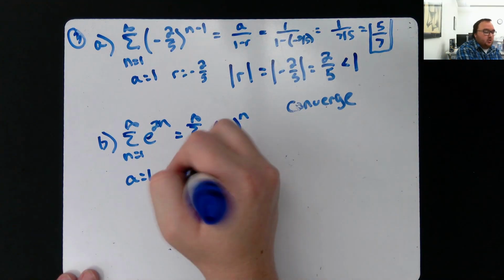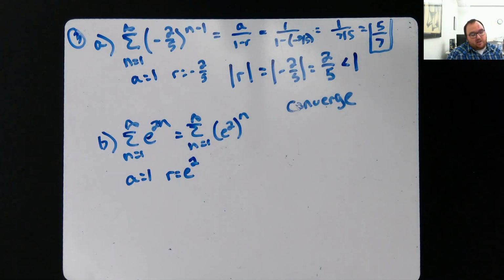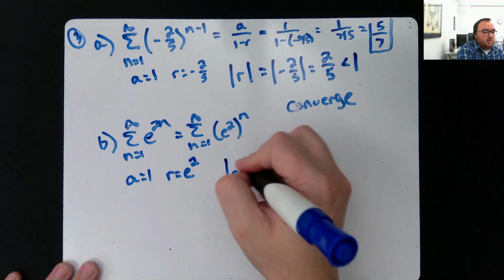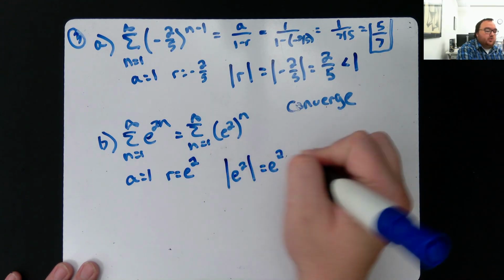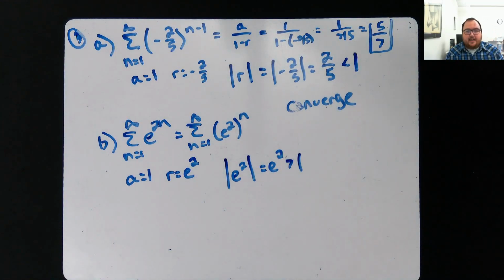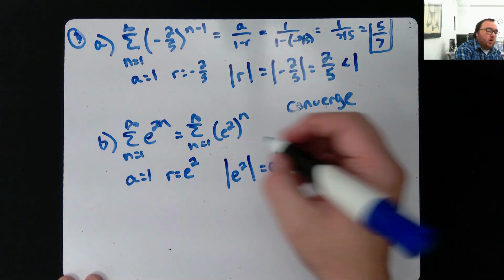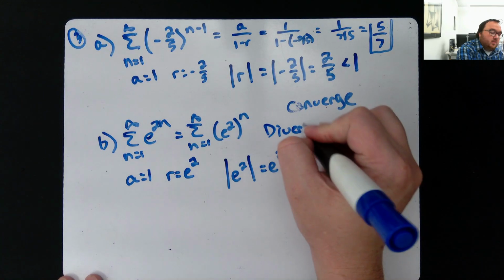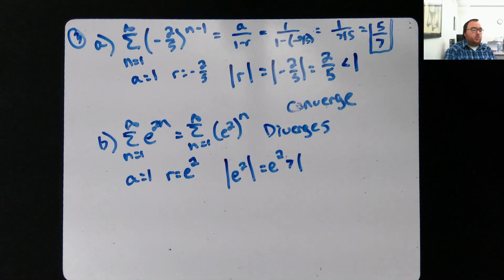So then I would use e squared. But that doesn't really matter because the absolute value of that is greater than 1 because e is like 2.71 something something. So if I squared it, I know it's at least 4. You know what I mean? Which is greater than 1, so this diverges because it's greater than 1.